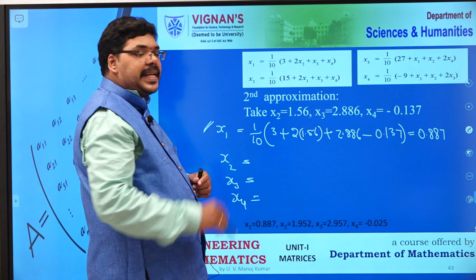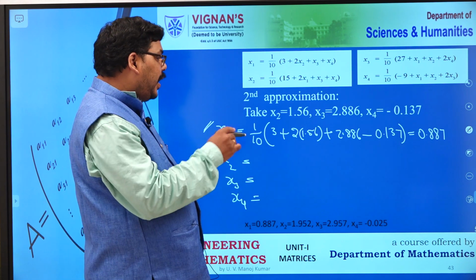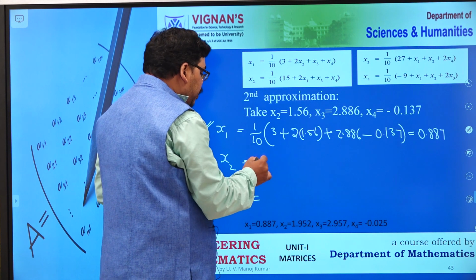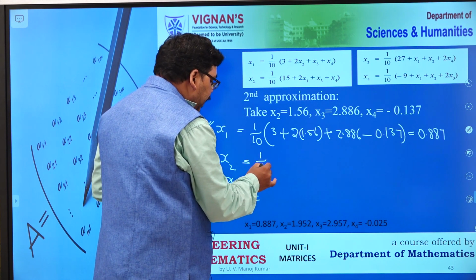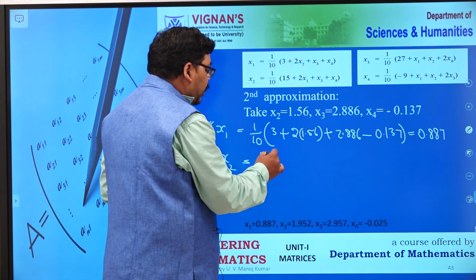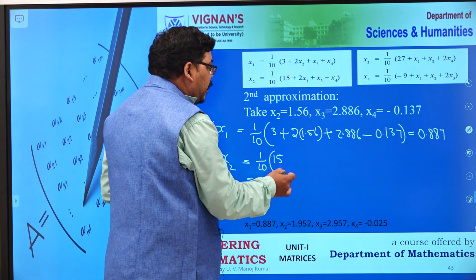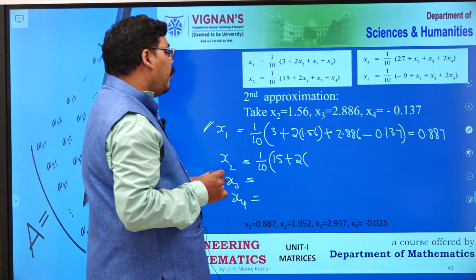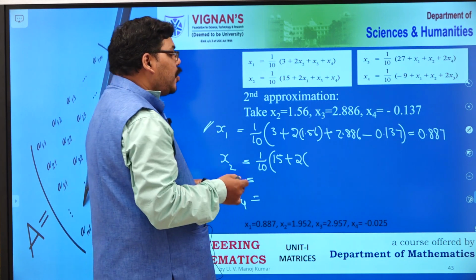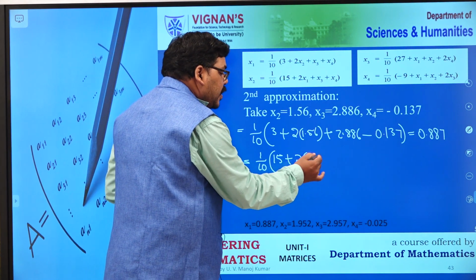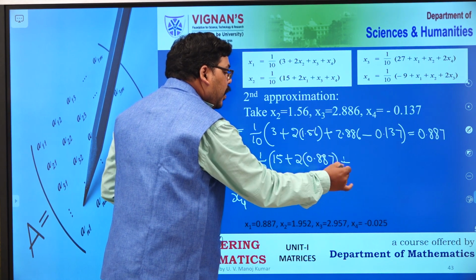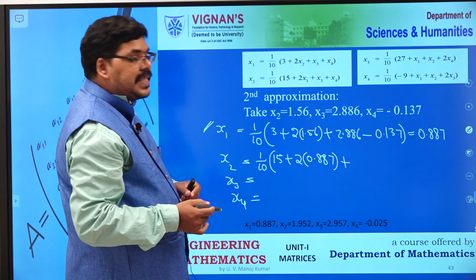So substitute this x1 and the already known x3, x4 in the second expression for x2. The expression for x2 is 1 by 10, 15 plus 2x1. What is the latest known x1? 0.887, plus x3.